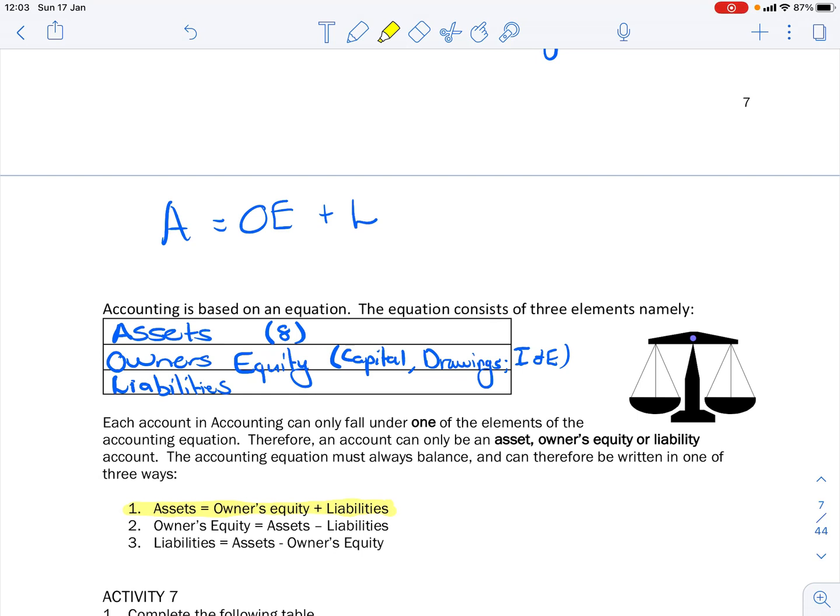So, the second way to display this would be owner's equity equals your assets minus your liabilities. And finally, the third way is your liabilities equals your assets minus your owner's equity. So it is important to note that the equation can be written in 3 different ways.